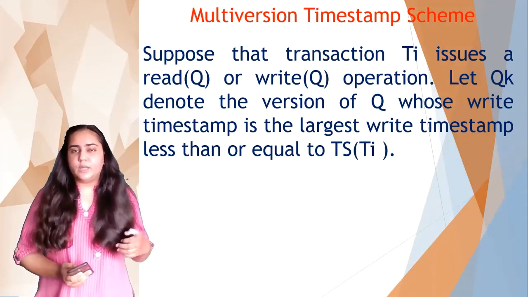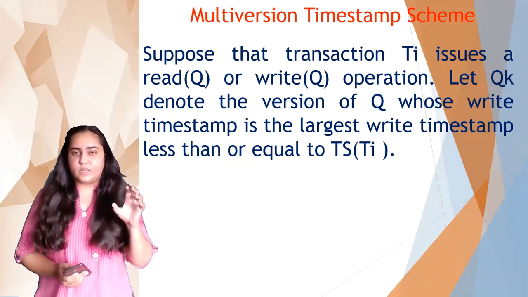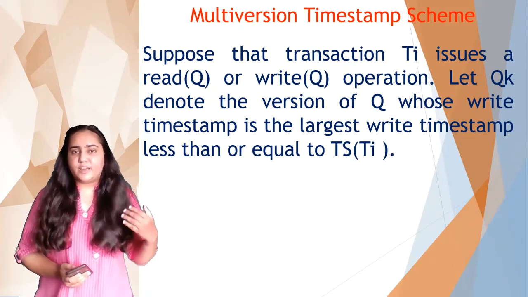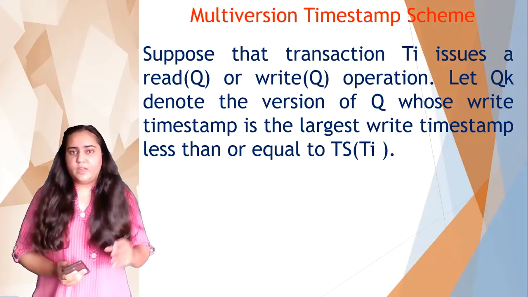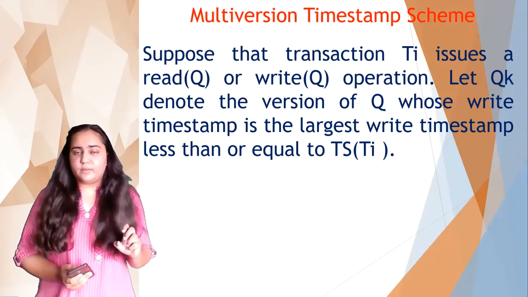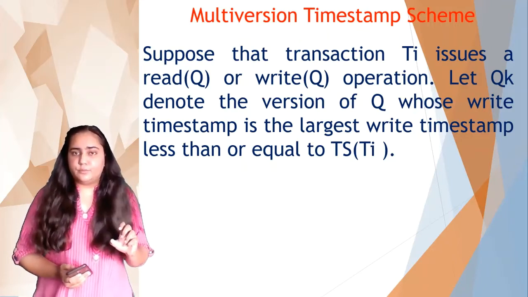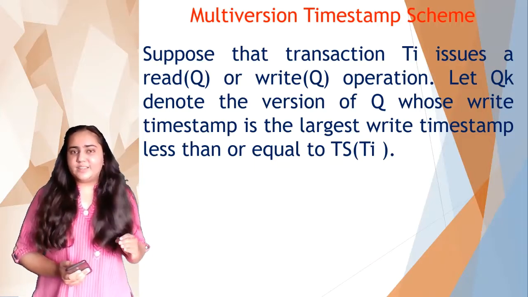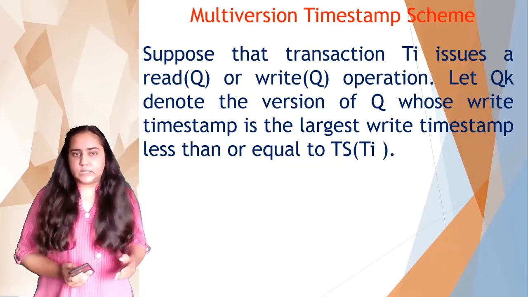So we have several versions of Q. Remember that we have a data item Q, but we have many versions of Q. From there, we are going to pick the version of Q whose write timestamp is the largest write timestamp, but it is less than the timestamp of Ti.